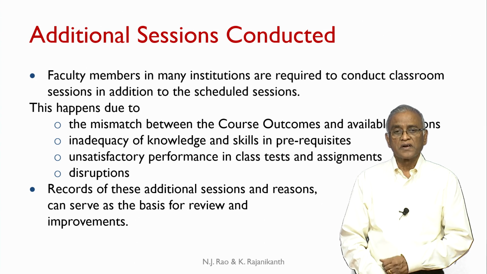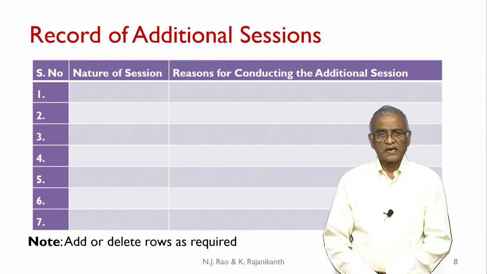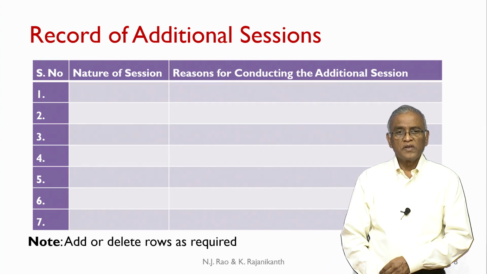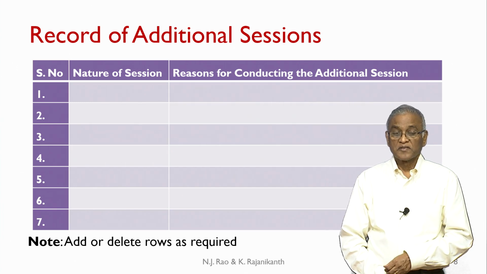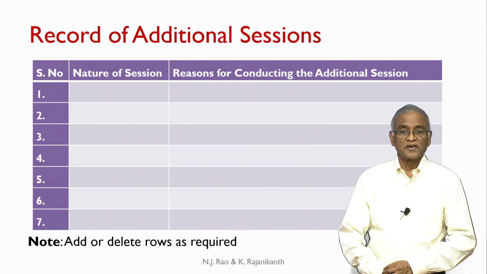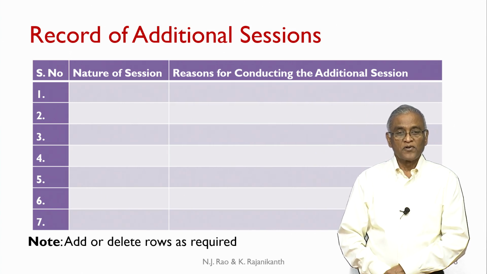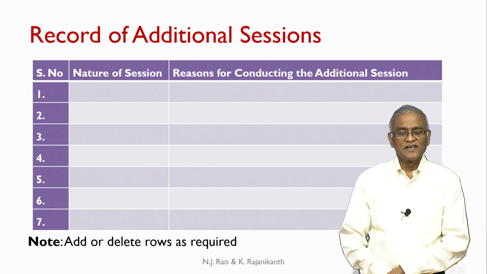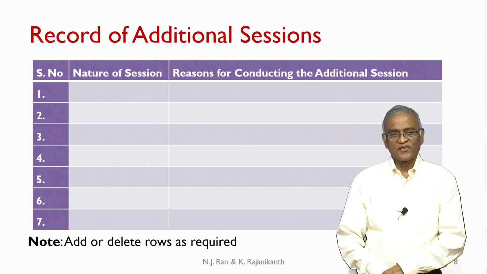But you need to have a record of that, and that is what you do in a template like this, a record of additional sessions. How many sessions have you taken? Sometimes this table can be very long, as we find in some of the colleges. For a 4 credit course, I understand they may even go up to 120 lectures, almost double the number of sessions that you can conduct.